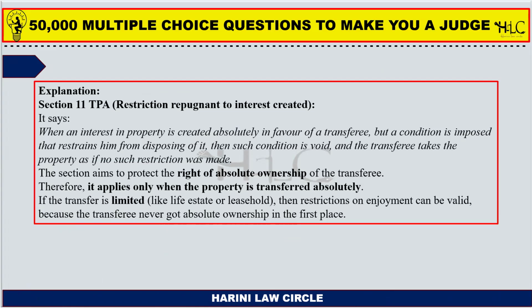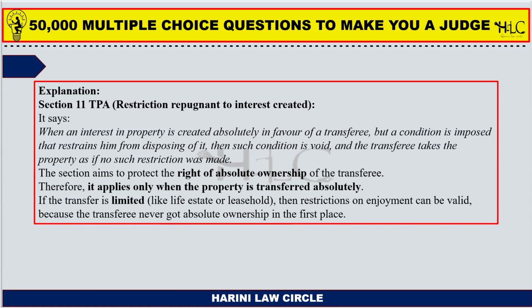Section 11 of TPA talks about restrictions which are repugnant to the interest created. It states that when an interest in property is created absolutely in favor of a transferee, but a condition is imposed that restrains him from disposing of it, then such a condition is void and the transferee takes the property as if no such restriction was made.